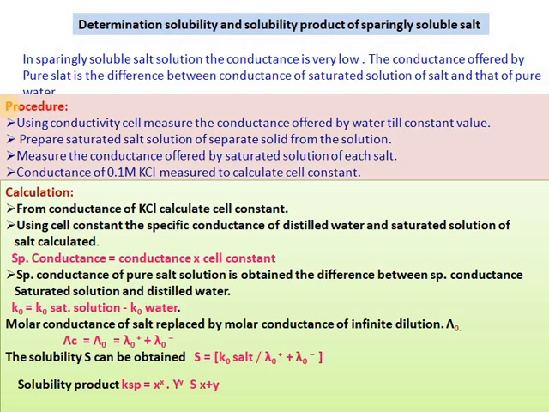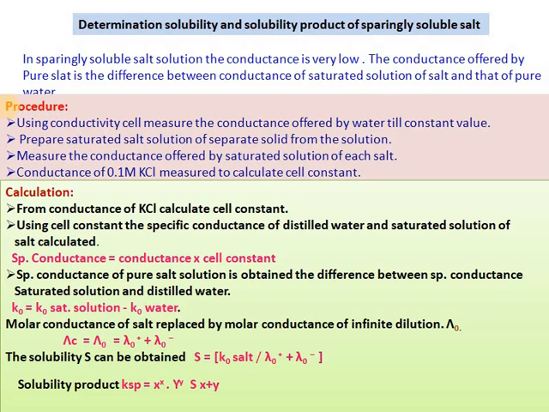What is meant by lambda 0 plus and lambda 0 minus? They are the conductances of the cation and anion, and therefore we can measure the solubility.